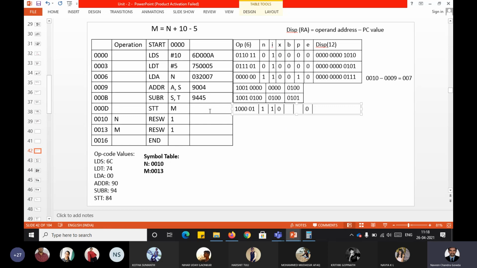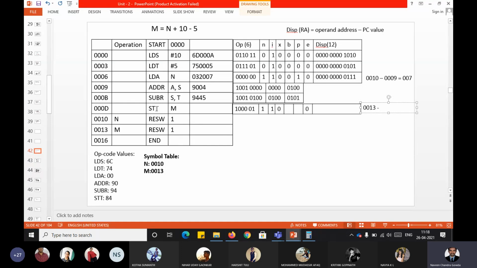Now again find out the displacement. How to find out the displacement? As we said earlier, you need to find the displacement using the formula: operand address minus PC value. In this example, what is the operand here? M is the operand. What is the address of M? It is 0013, so it is 0013 minus the PC value.